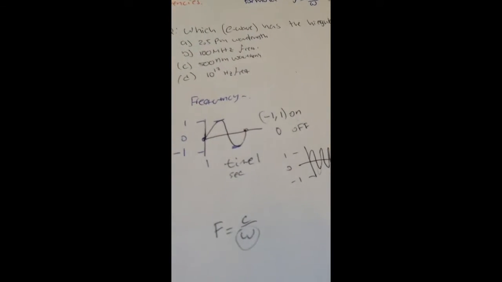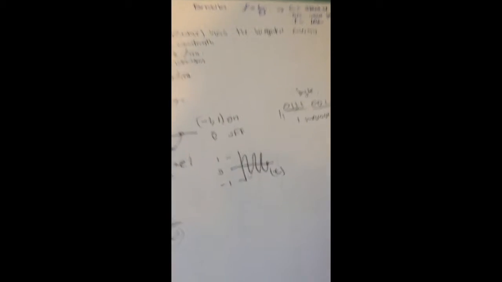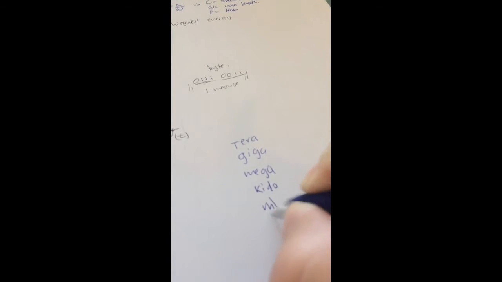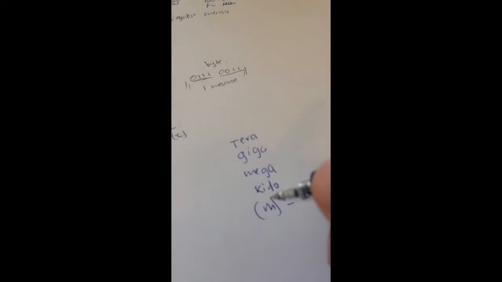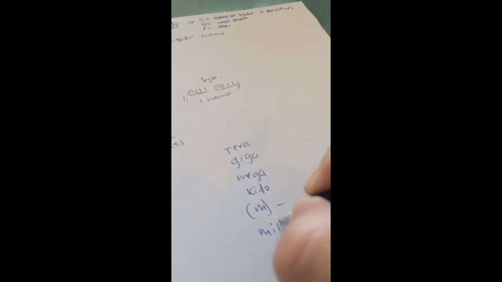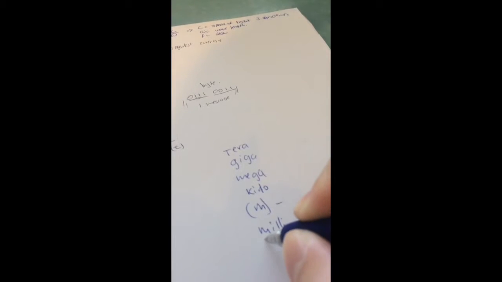Some of the units that you should know in your metric system are tera, giga, mega, kilo, I'm just going to write m for meter, milli, nano, and pico, pm.